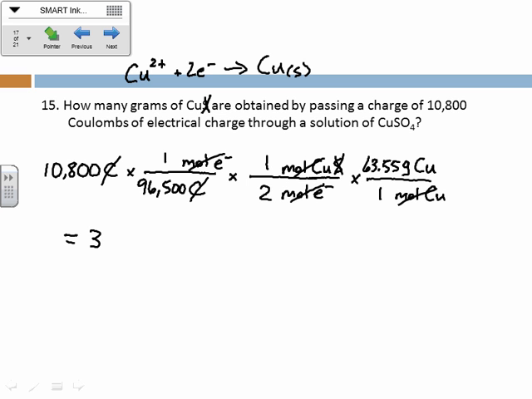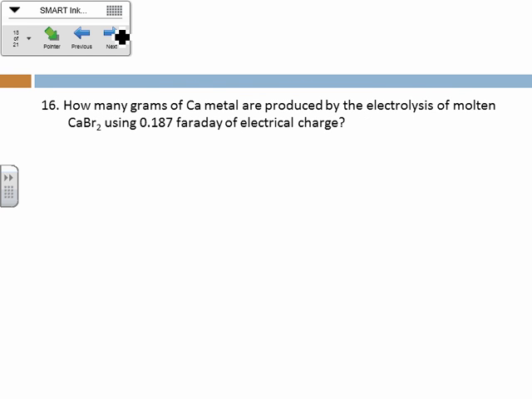So you should end up with 3 sig figs in the beginning, so 3.56 grams of copper being produced. Alright, so again, we don't have to worry about the amps and the seconds there because they're giving us the charge to begin with, and we can go straight from the charge to moles of electrons because each electron has a specific charge.